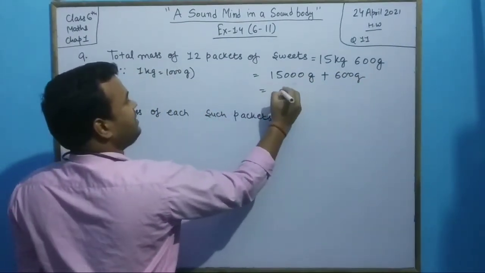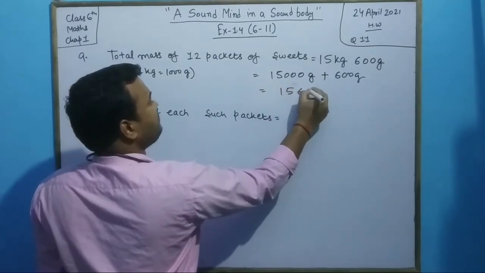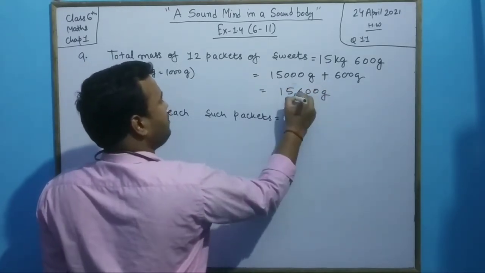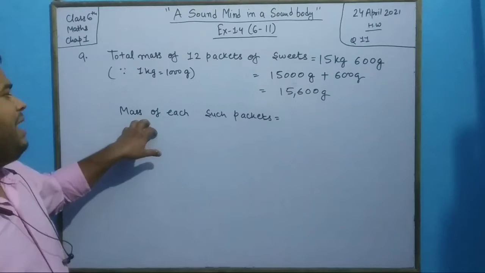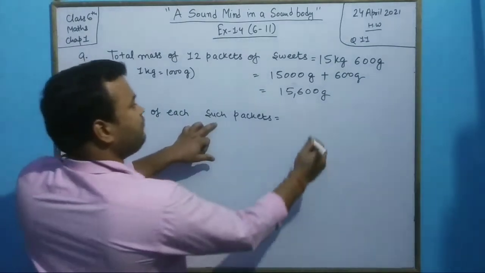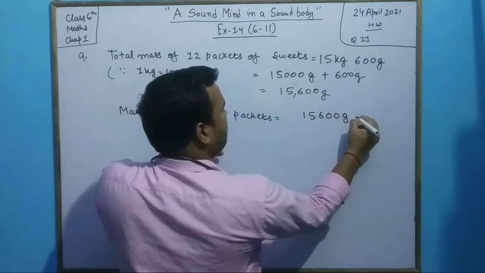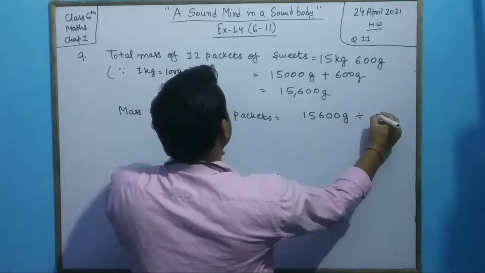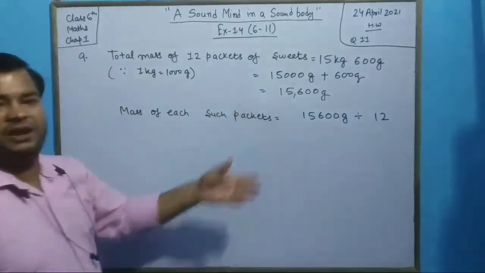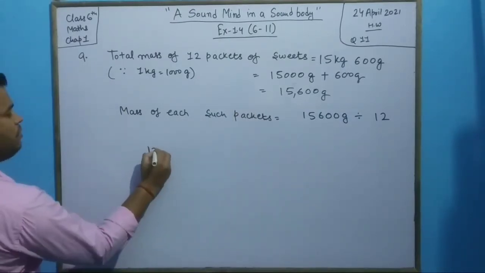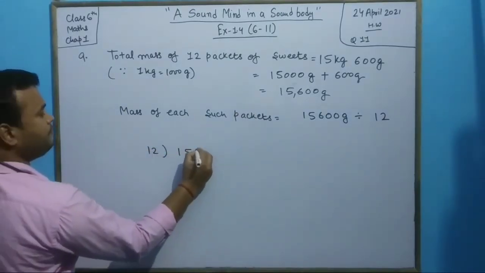So what will it be? 15,600 grams. Now, mass of each such packet: for this we need to divide the total weight by the number of packets. The number of packets is 12. Let us divide this over here.